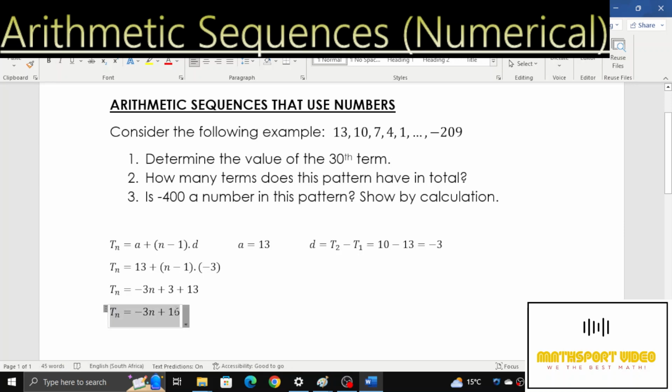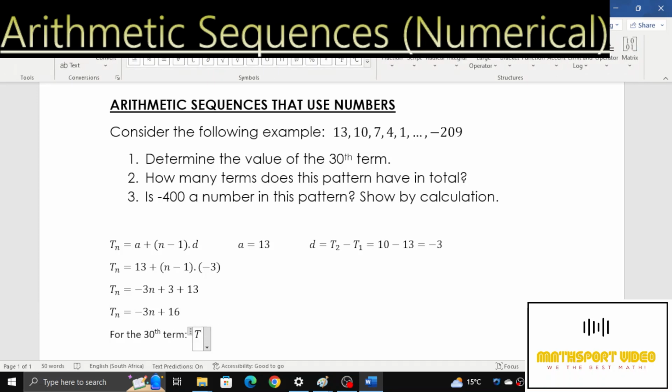Once we have the general term, we have a platform to then find the 30th term. So for the 30th term, we have to replace n with 30. Remember, there are two places where n can be found.